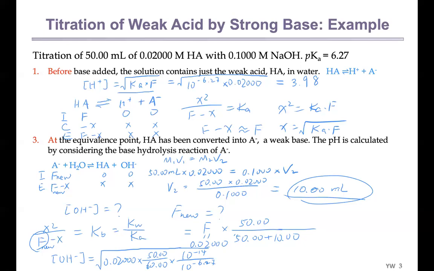And after you do all this, the concentration of OH minus should be 1.676 times 10 to the negative 5. And your pOH will be 4.754. pH will be 14 minus this value, which is 9.25.